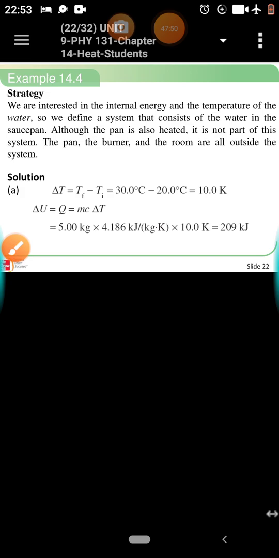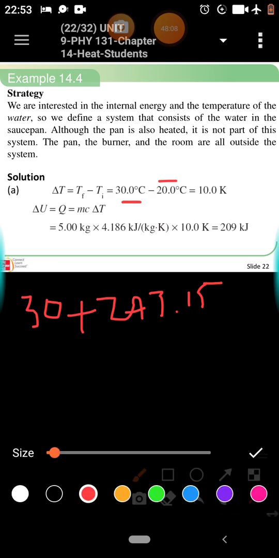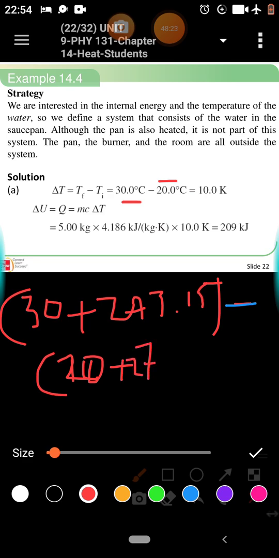So 30 plus 273.15 is our final temperature, and this would be the initial temperature, 20 plus 273.15. Then you subtract.